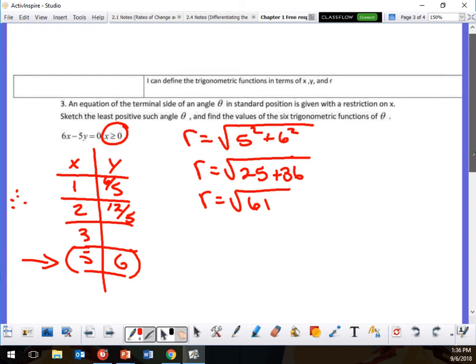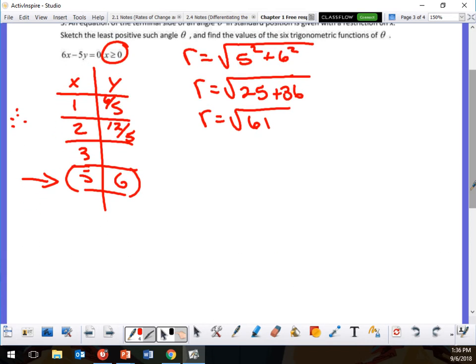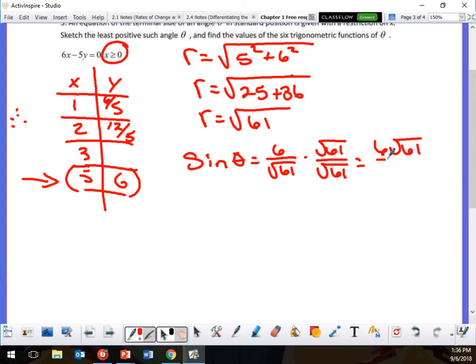So we have sine theta. Sine is going to be y over r. So that's 6 over rad 61. Rationalize: 6 rad 61 over 61.